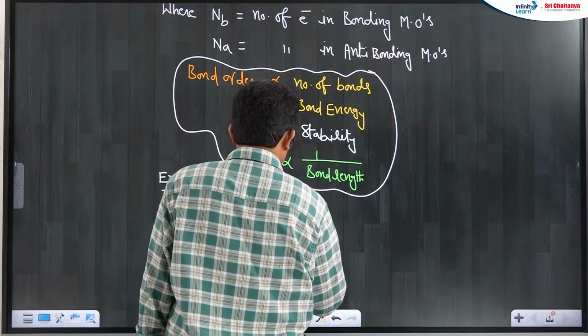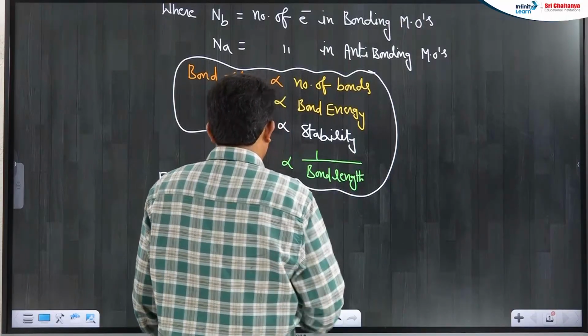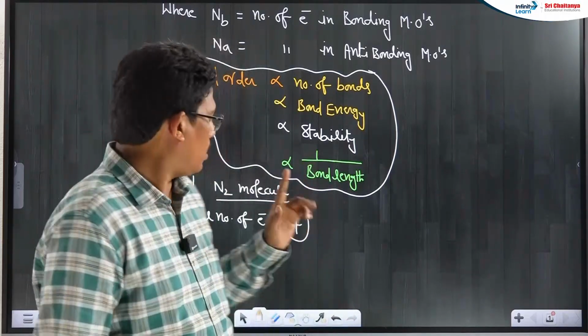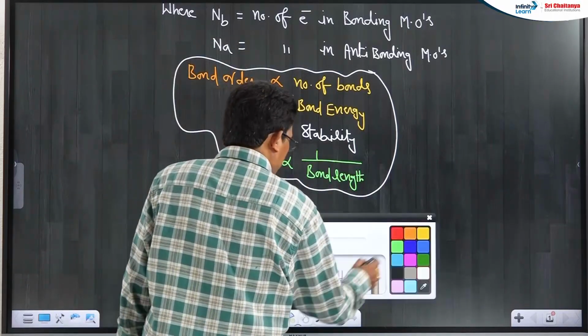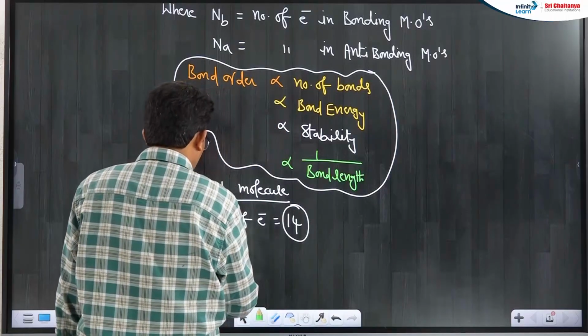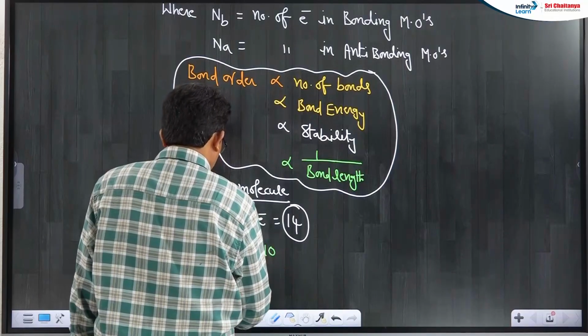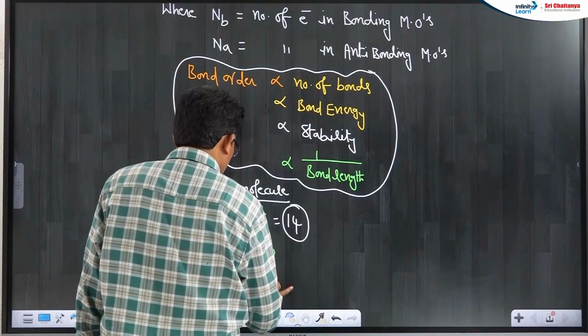If you observe the electronic configuration of N2 molecule, out of 14 electrons, number of electrons present in bonding orbitals, Nb value 10, Na value 4.